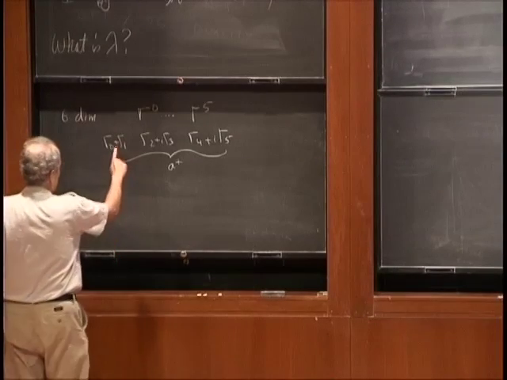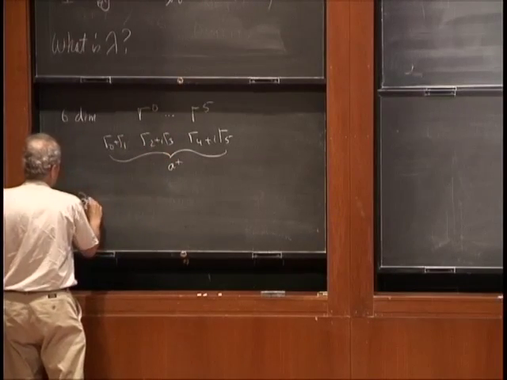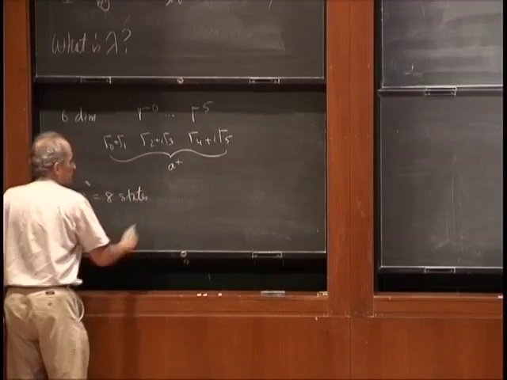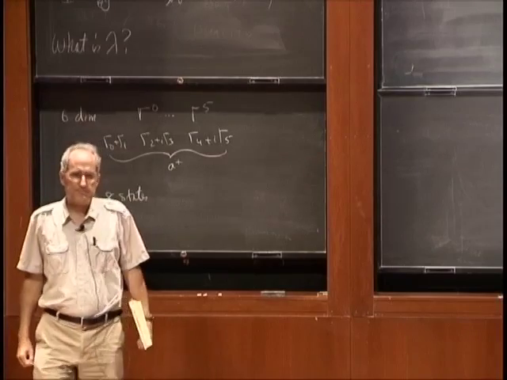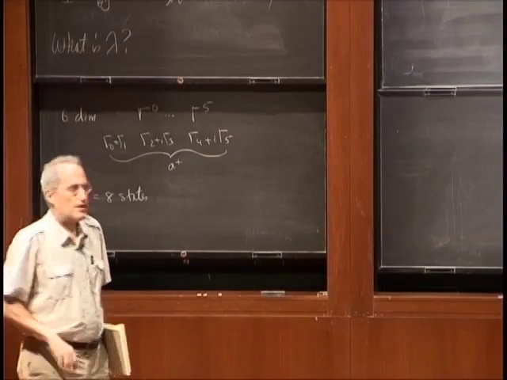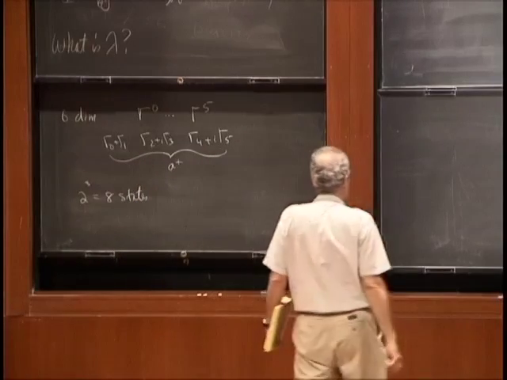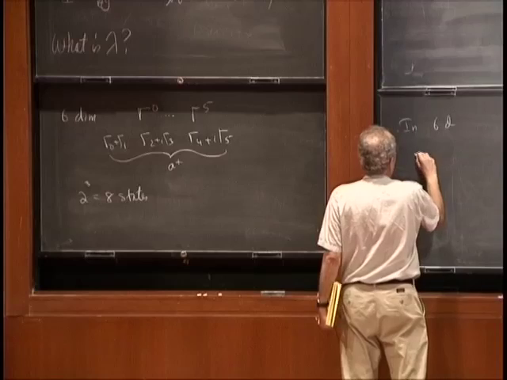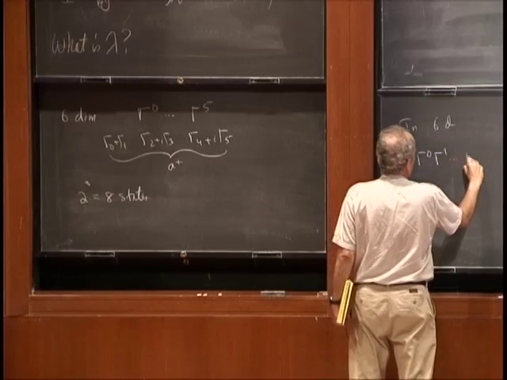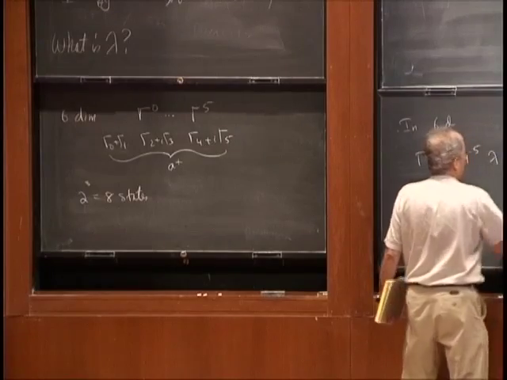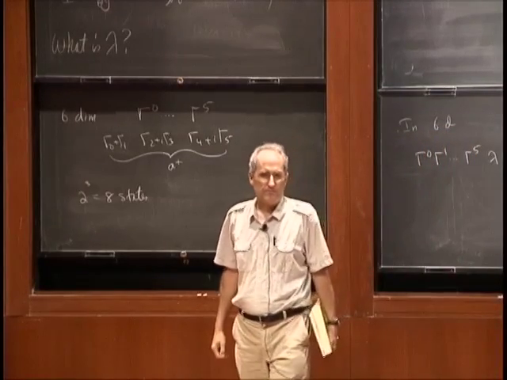So if you're just trying to represent the Clifford algebra, you would have 8 states. However, I told you that we wanted to make our fermion as small as possible. And in 6 dimensions, we can ask that the chirality operator, the product of all 6 gammas, on lambda should be plus lambda.